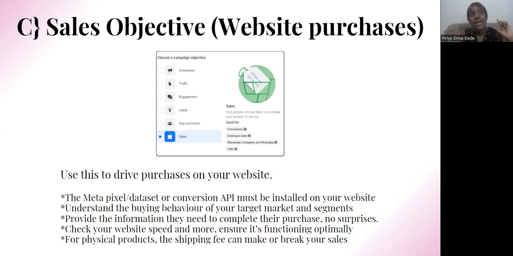Because what will happen is you have people adding the product to cart, and then when they see that additional charge, they're going to be turned off and they're going to abandon their cart. So if you don't want that to happen, you need to ensure that you're communicating everything and giving as much detail as possible so that everyone who gets to that point can complete their purchase.